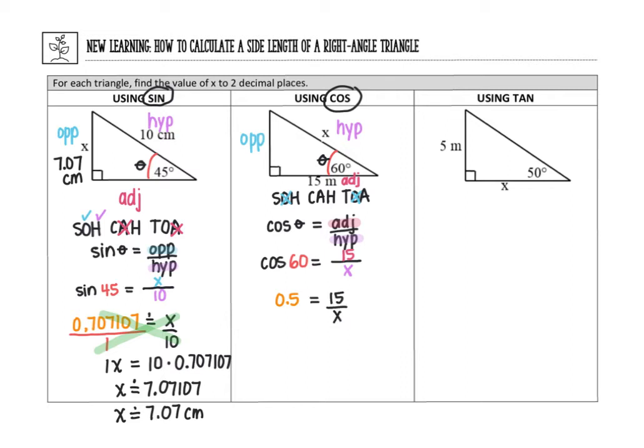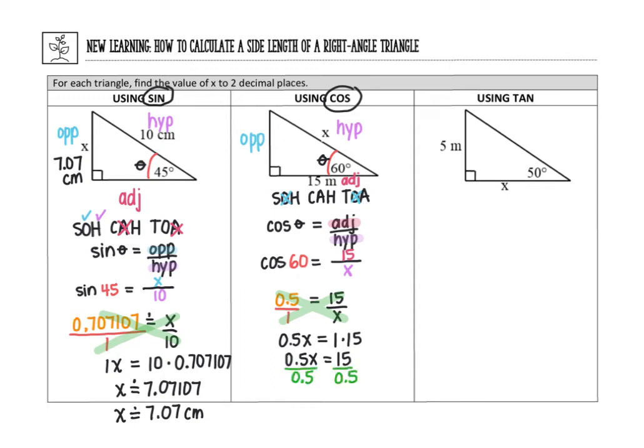Again, this almost looks like a proportion. If we just put a 1 underneath that decimal, now we'll have a fraction equals to a fraction, and we can cross multiply. So we'll do 0.5 times x is equal to 1 times 15. That'll leave us with 0.5x is equal to 15. Of course, to get x by itself, we'll need to divide by 0.5.